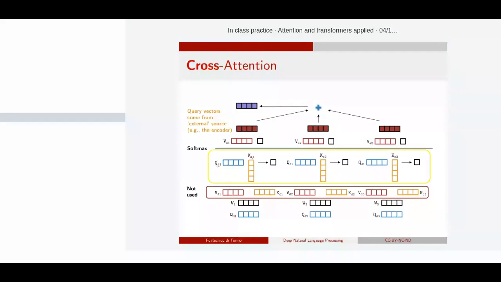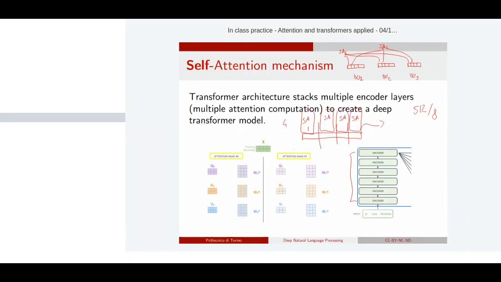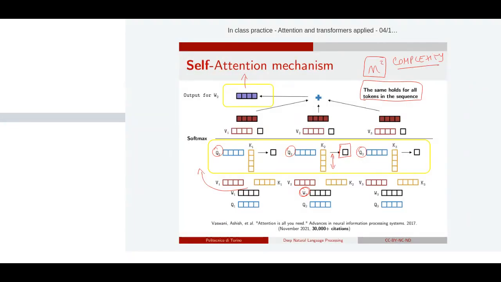In the cross-attention operation, the key vectors and value vectors come from the encoder. So here we have these operations: query, key, and values come from the same sequence.